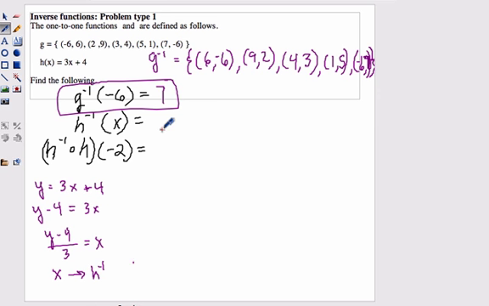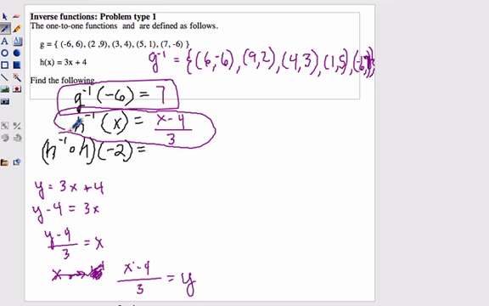Oops, sorry, I should have switched my x and my y first, right? So this becomes x minus 4 over 3 equals y. Replace y with the inverse of h of x. Okay, so I get my inverse function. And when I input a negative 2 into the composition of h and its inverse, I get a negative 2 back.